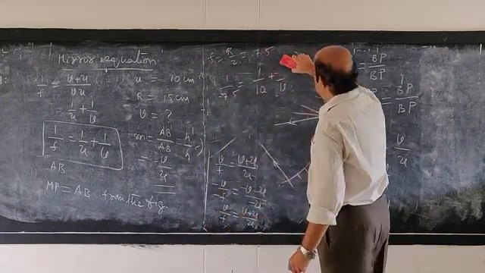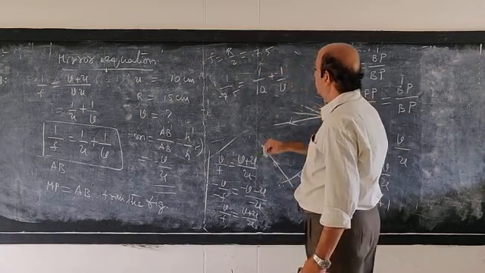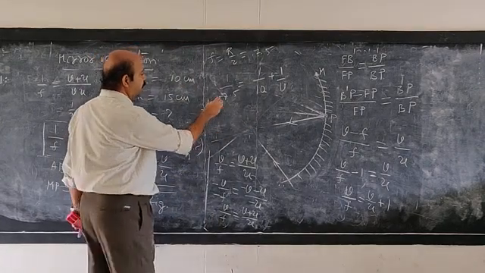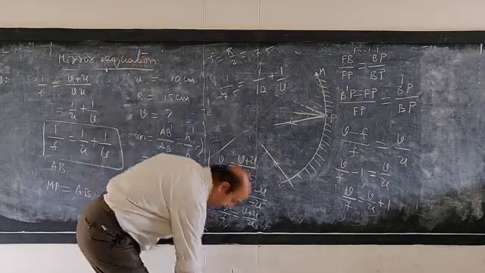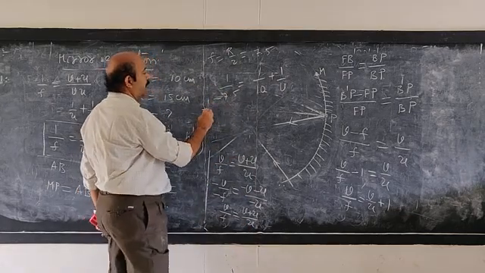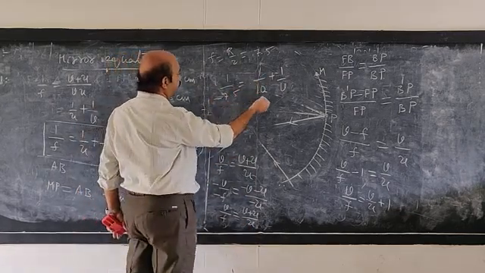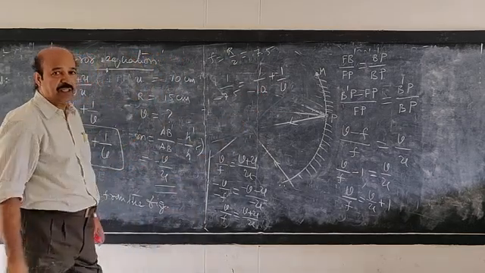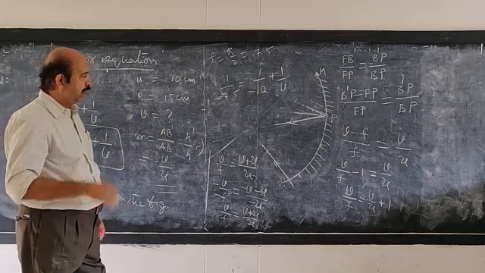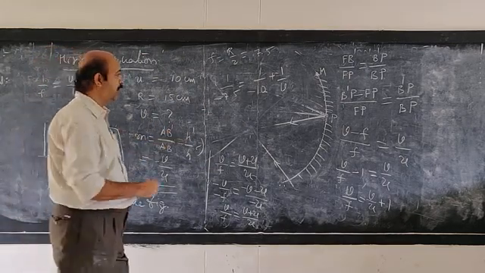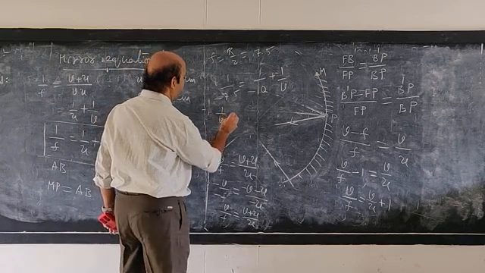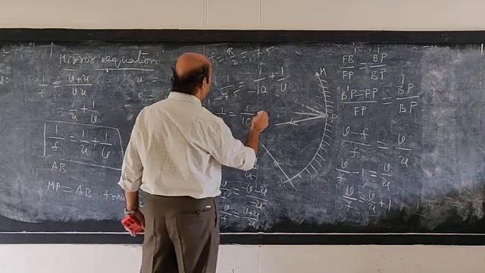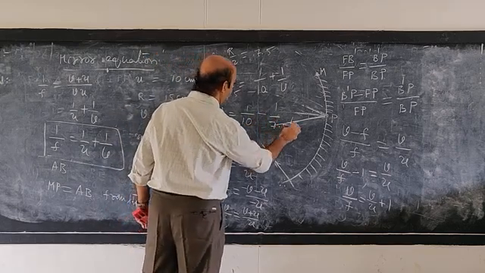Here, let us use the sign convention. Since the focal length is measured in the opposite sense, and the object is also measured in the opposite direction of the actual direction of the rays coming from the object, therefore 1 by v is equal to, bringing this to this side, 1 by 10 minus 1 by 7.5.